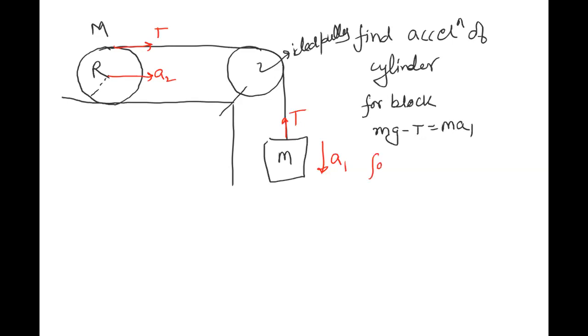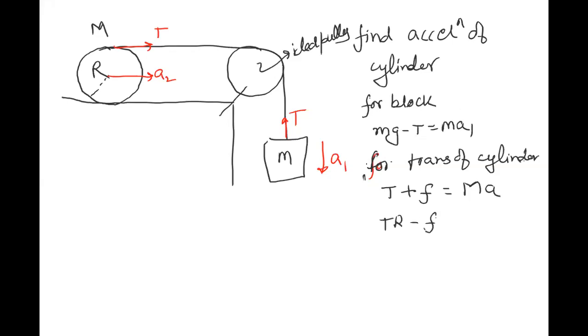So for the translation of the cylinder, we get T plus F is equal to ma2.